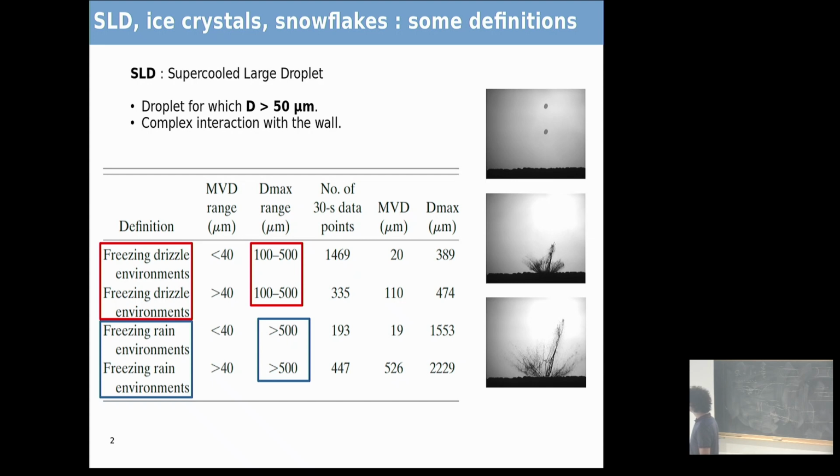The first one, the freezing drizzles, where the diameter is quite a bit larger than 50 microns, but less than 500 microns. And the bigger ones, more related to rain and freezing rain, with diameter larger than 100 microns. So here we will deal with the whole range of quite large particles, larger than 50 microns.